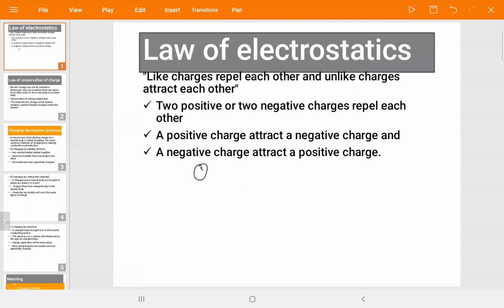Then there are two possibilities. For example, say we have two objects or bodies with a certain mass having opposite charges. This one may be body A, and this one is body B. The charge on the surface of body A is positive, and the charge on the surface of body B is negative.